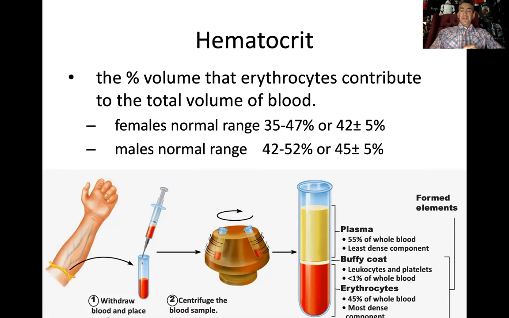Again, there are the nursing ranges, but on average we should expect about 45% red blood cells in hematocrit, about 55% plasma, and a very small, less than 1% buffy coat, the white blood cells.